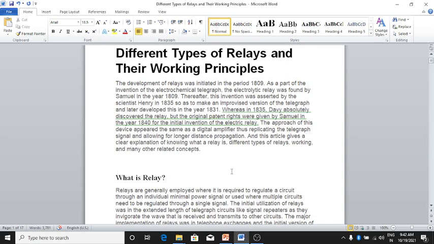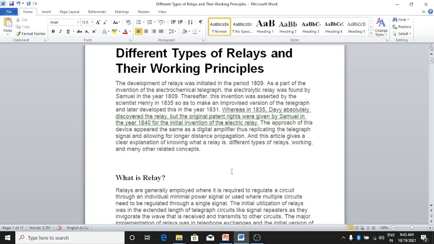Thereafter, this invention was asserted by the scientist Henry in 1835 so as to make an improvised version of the telegraph, and later development in the year 1831, whereas in 1835 Davy absolutely discovered the relay, but the original patent rights were given by Simile in the year 1840 for the initial invention of the electric relay.